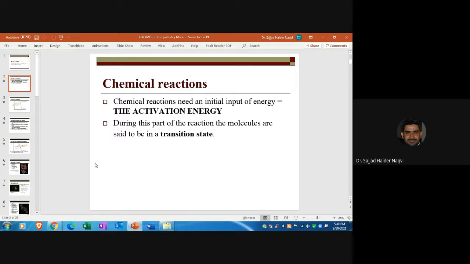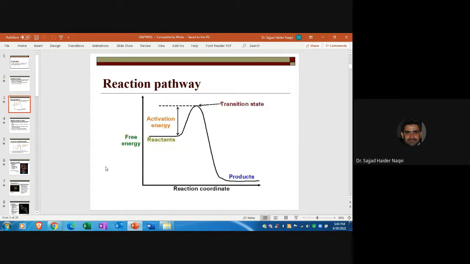So, in between, there is a state called transition state. And the activation energy is actually the energy which is needed to convert a substrate into a transition state from where it will go on and transform into a final product.